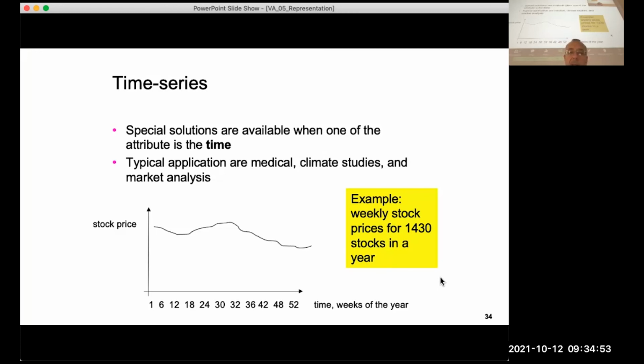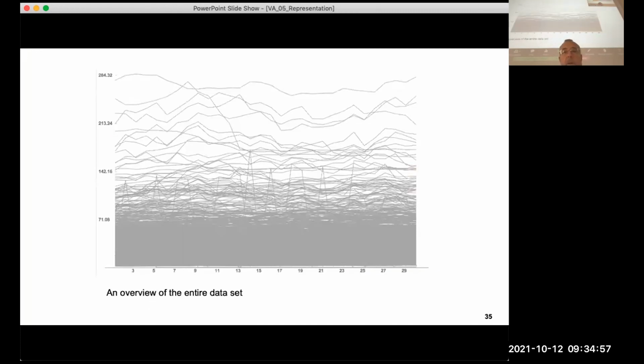If you move from one single stock to 1,000 stocks, that would be the result, and you have a very crowded situation. Outliers are still visible. This is a very high priced stock, very stable along here. Here there is one that is going down. Here there is the average, totally crowded.